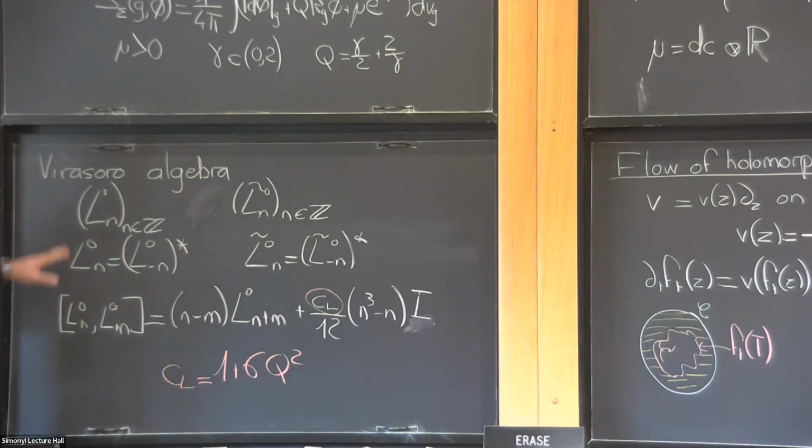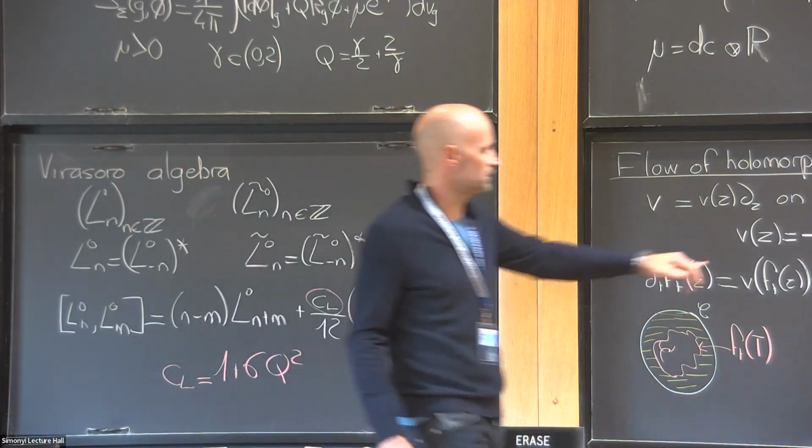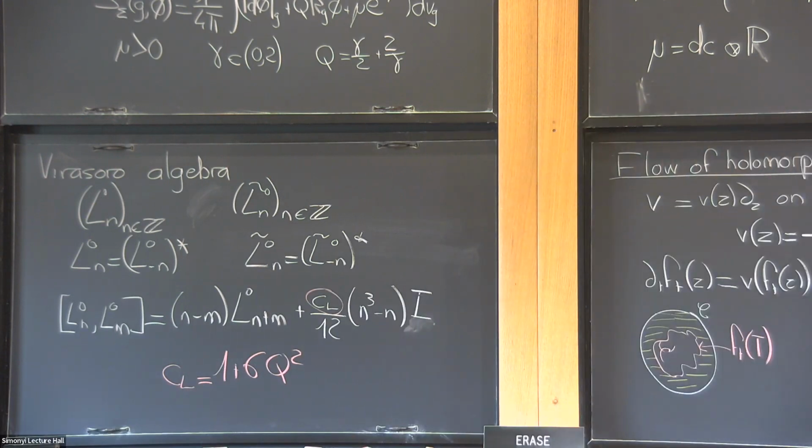What's important for this family of operators is this commutation relation. This is a way of encoding the symmetries of the probabilistic objects in a different manner. So you have a representation of this Virasoro algebra in terms of these operators.